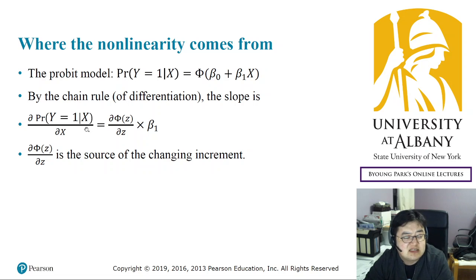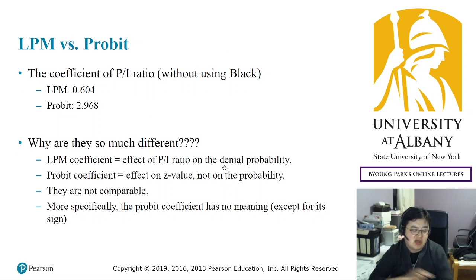That's a simple mathematical illustration of the nonlinearity. And that was the key difference between the linear probability model and the probit model. It causes a big difference, a critical difference, especially in interpretation and comparison.